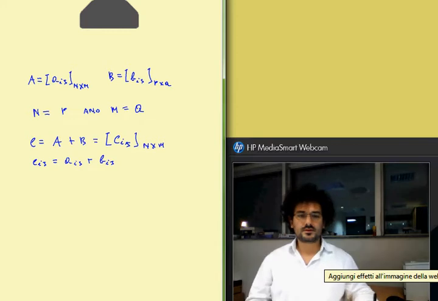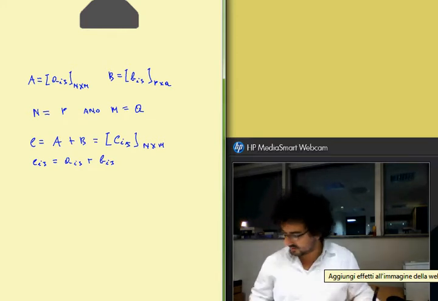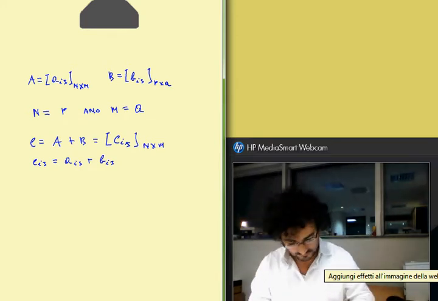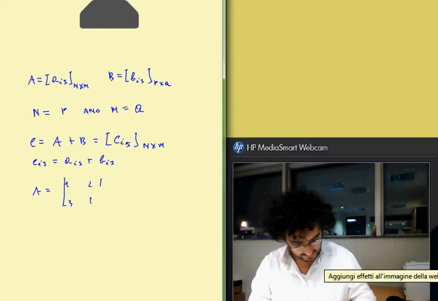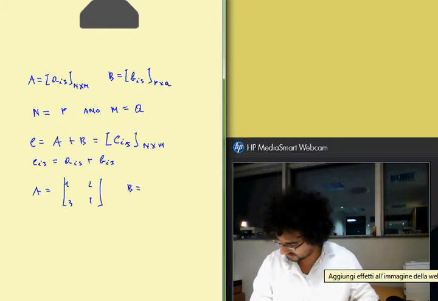It's better to explain through an example, so consider a matrix A equal to 1, 2, 3, 1, and a matrix B equal to 4, 0, 2, 5.